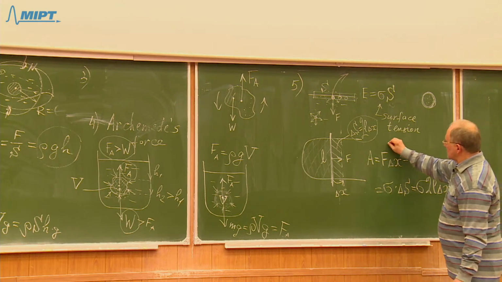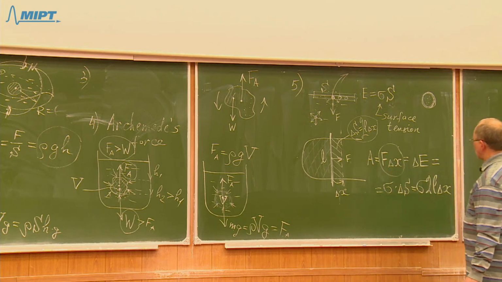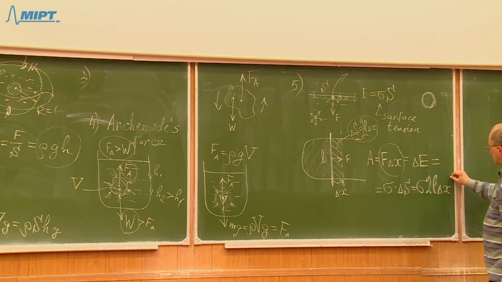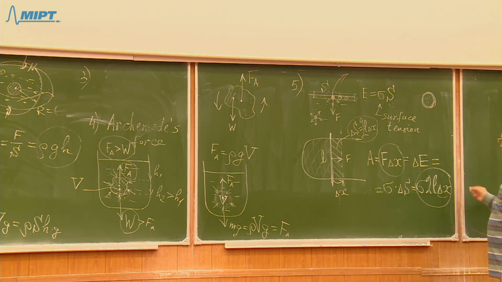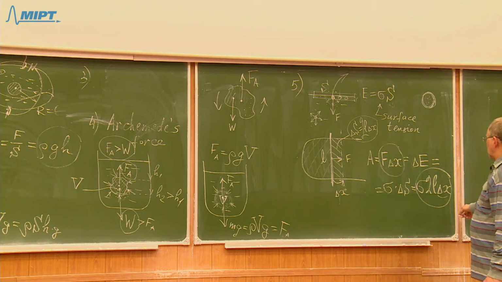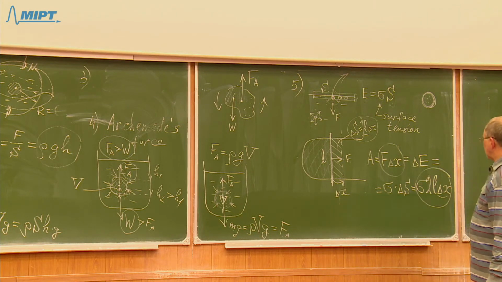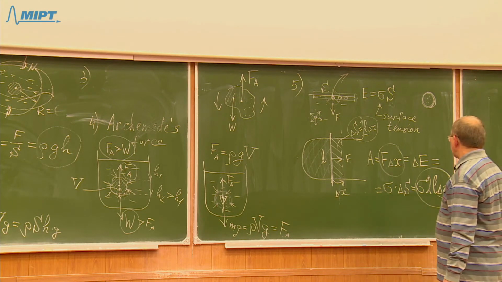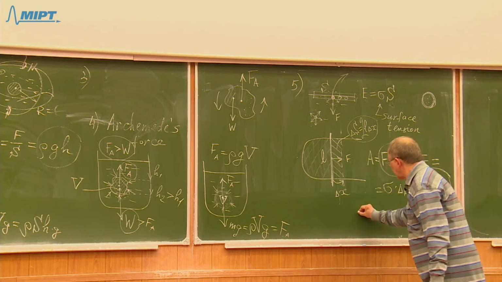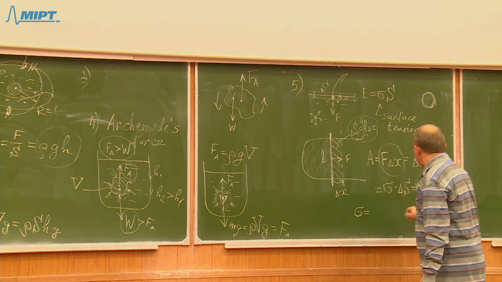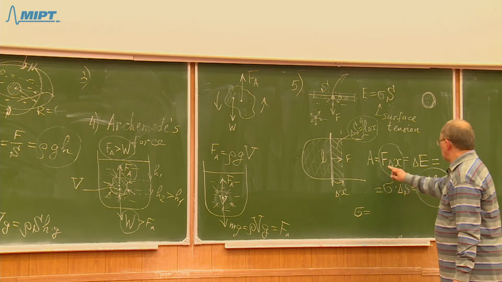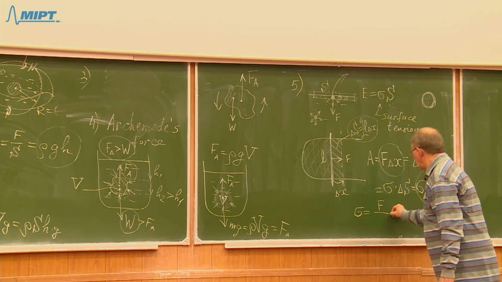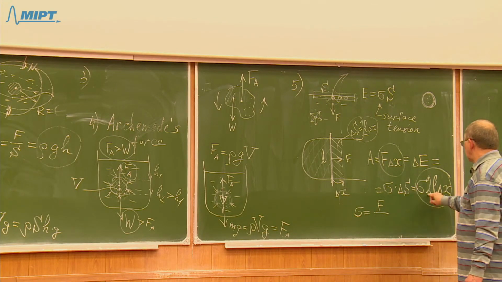Now, if we compare these two expressions, force times delta X here, and the final expression, which also contains delta X, then we will easily conclude that delta X may be cancelled, and the surface tension sigma will be the force applied, this force divided by 2L.